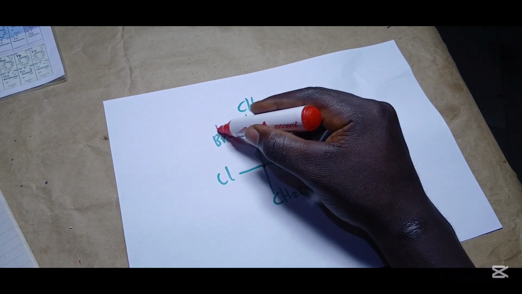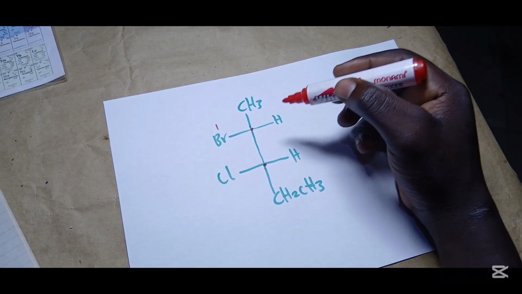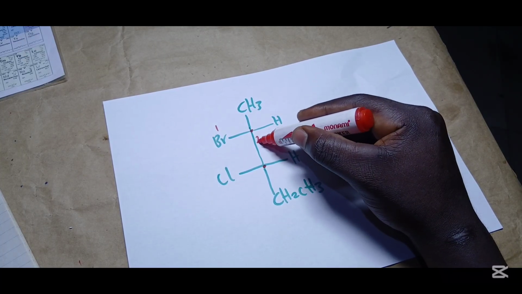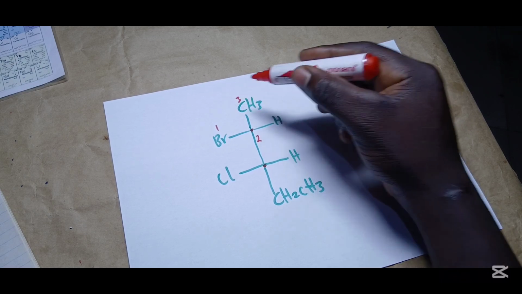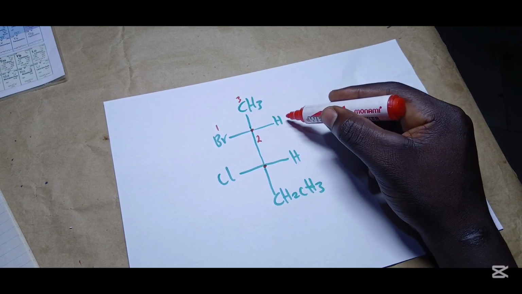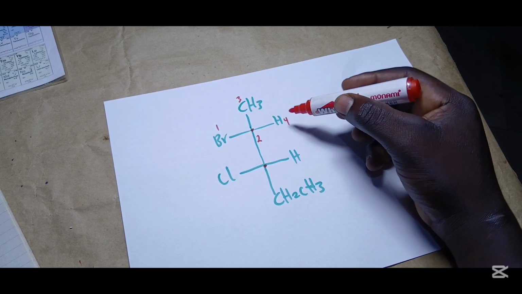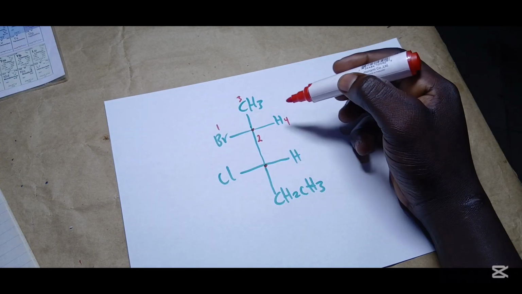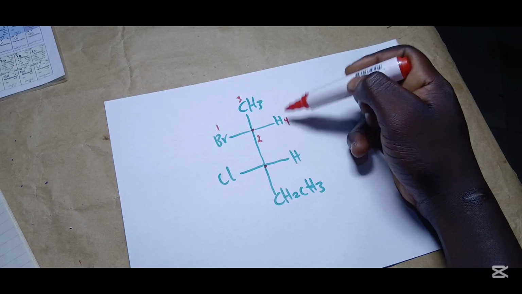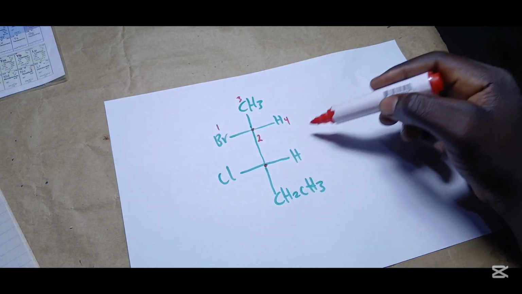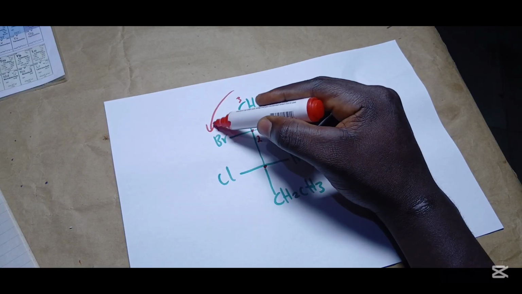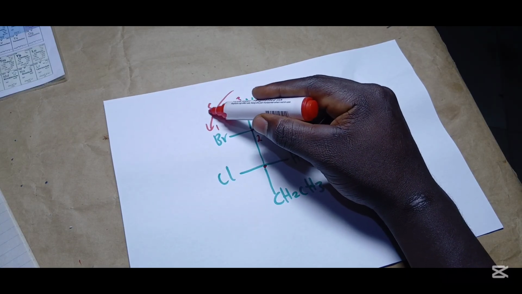We have a bromine, which will give us priority number 1, and then an ethyl with other substituent, which will be priority number 2, and here will be priority number 3, and this will be priority number 4. So how is the direction moving? From 1 to 2 to 3 to 4. So it's moving this way. So S, right?